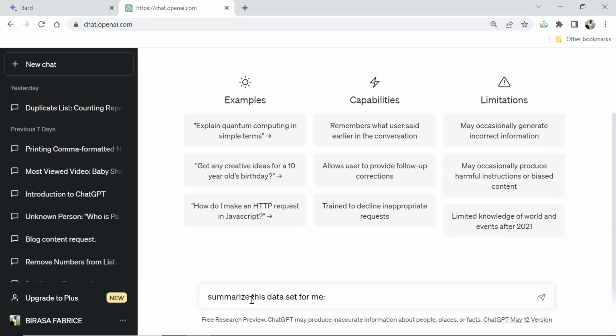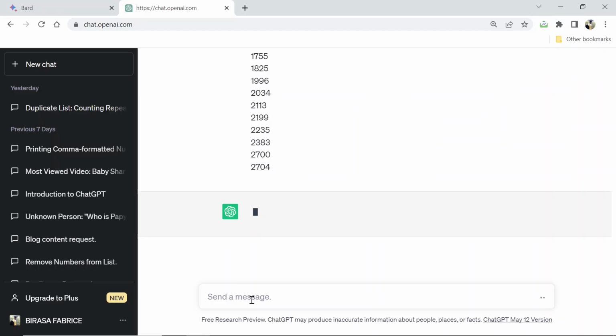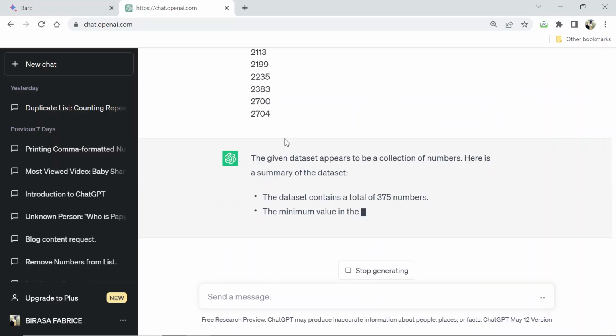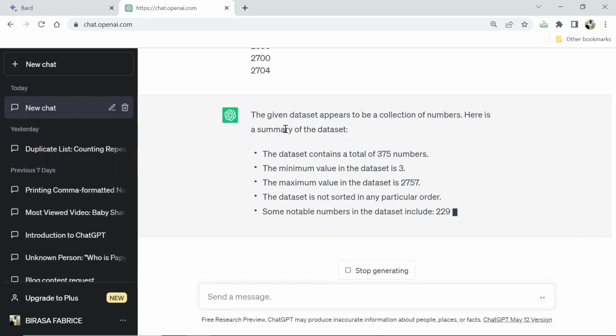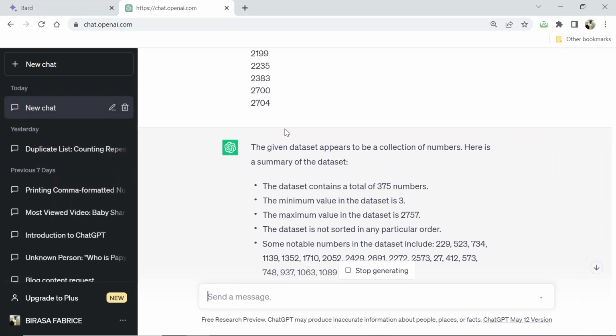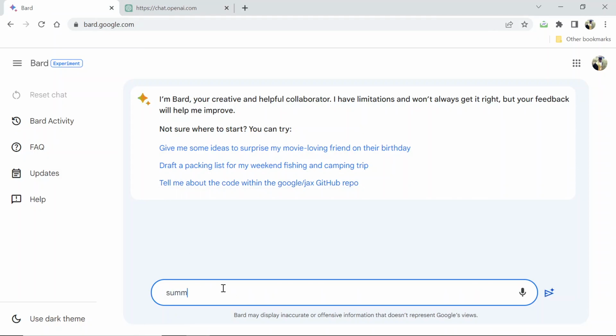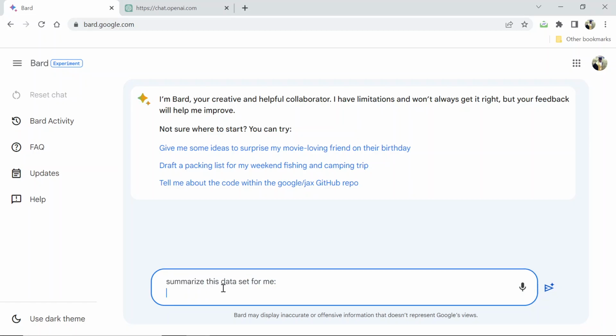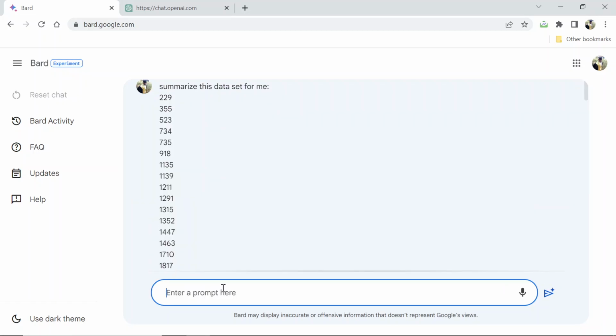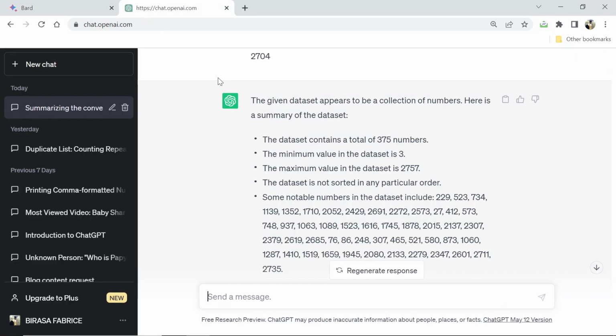I want to know how GPT approaches this dataset. Remember, it has more than 1900 rows. Let me ask the same, summarize this dataset for me, asking BARD. Let me see.